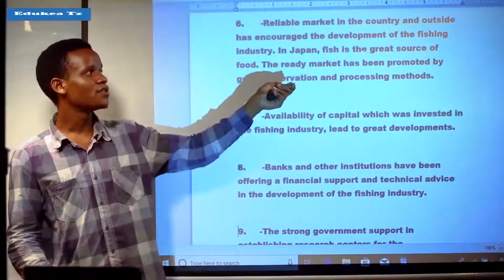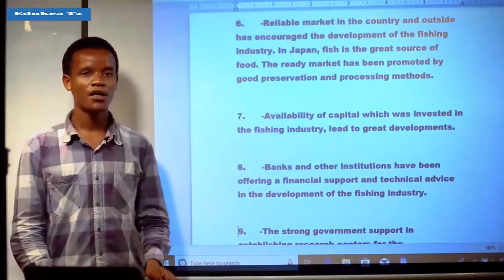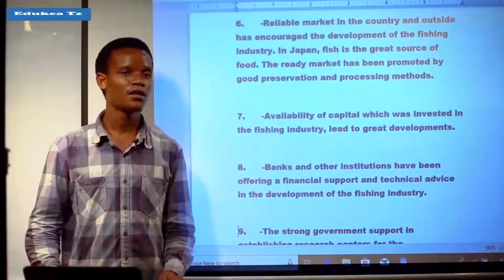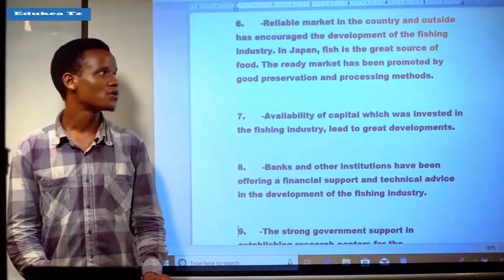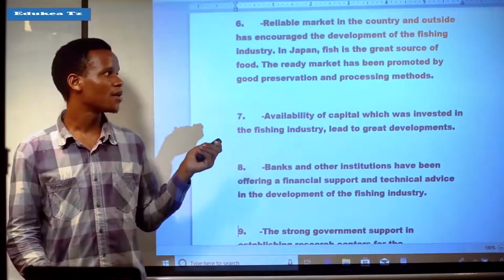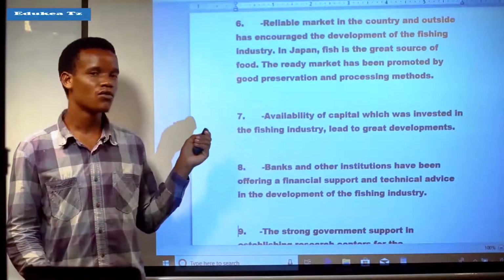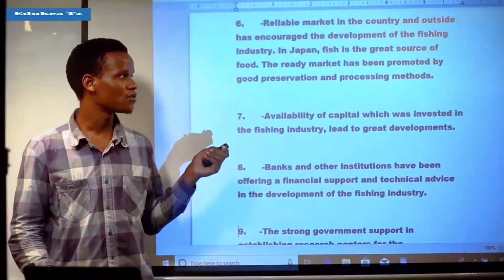So in Japan, fish is a great source of food. Many people of Japan depend on fish as a source of food. So the ready market has been promoted by good preservation and processing methods.